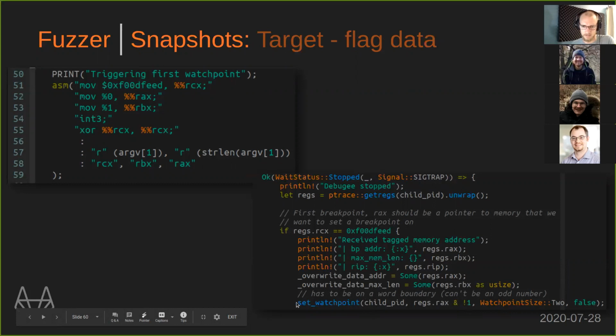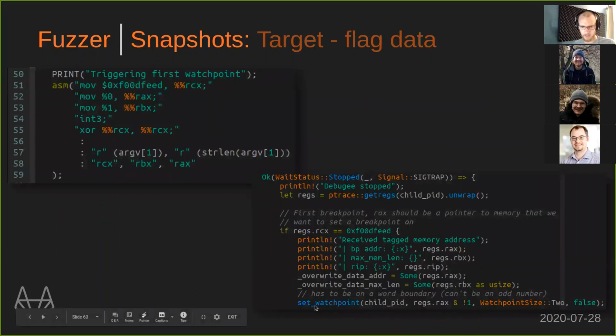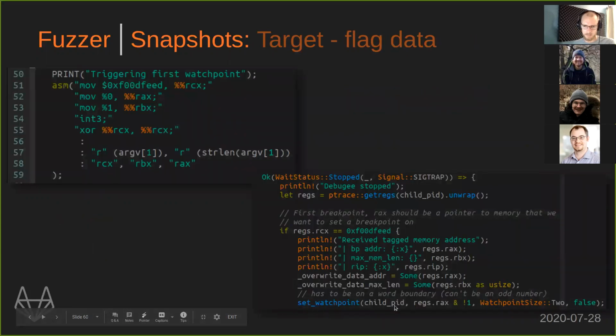And something else you might notice at the bottom, we say set watch point, and that is what we do on the next slide. So taking the snapshot, this is actually setting the watch point, or a hardware breakpoint. That is done on the address of the data to be fuzzed.